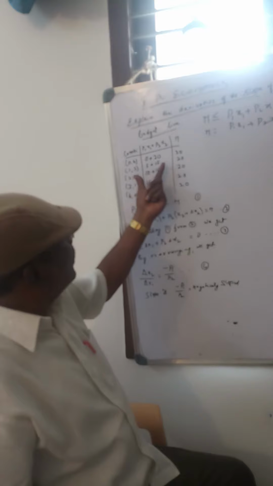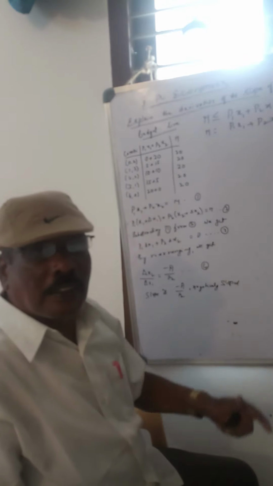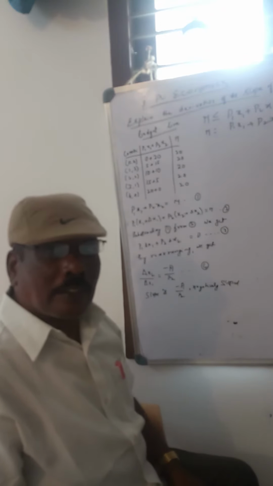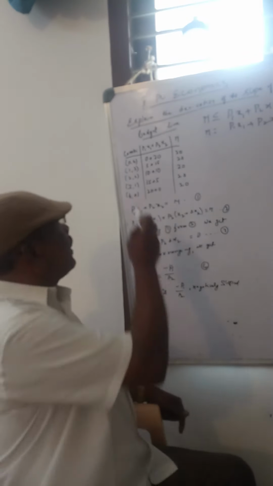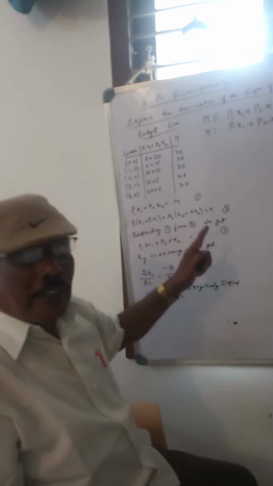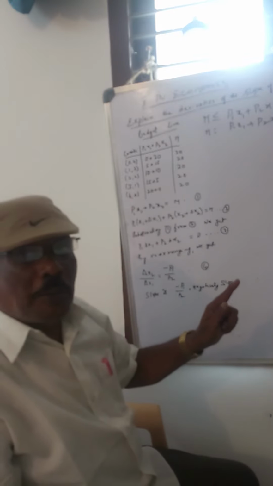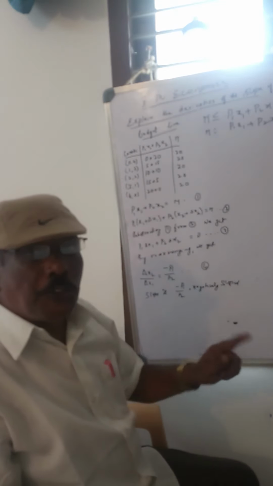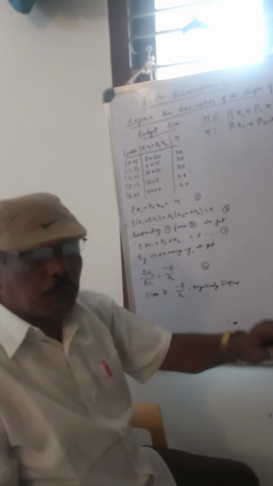And the cost must be equal to the income of the consumer. See, in the beginning, the first combination is the consumer uses no x1, uses only 4 x2 units.